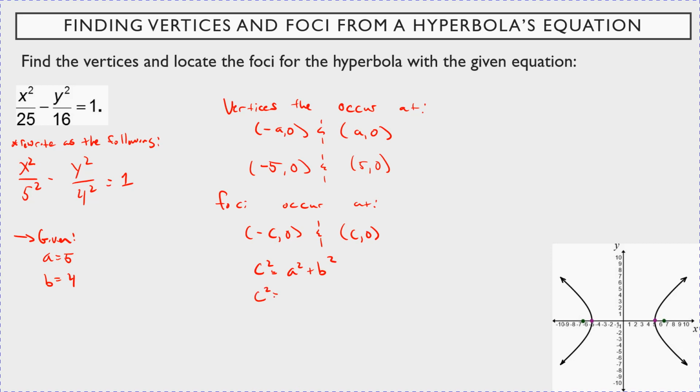So c squared is equal to, well, this is my a squared, 25, plus b squared, well, that's 16. So c squared is equal to 41 when you add those together, or c is equal to the square root of 41, excuse me. So then right off the bat, you can see the foci are going to be negative the square root of 41 comma 0 and the square root of 41 comma 0.